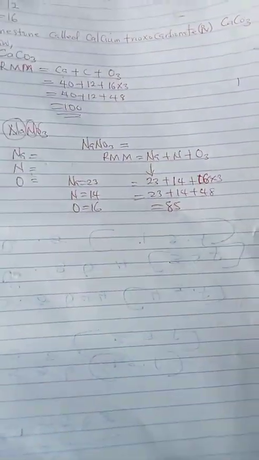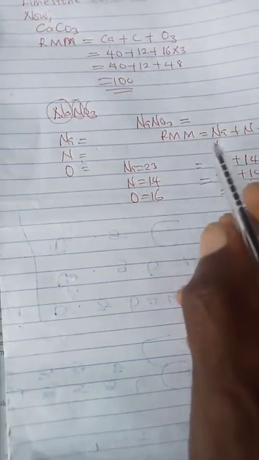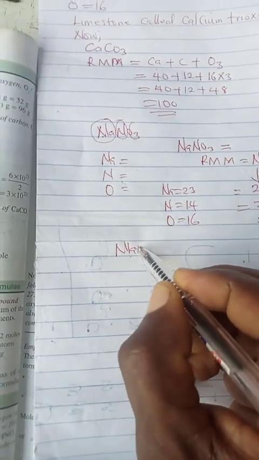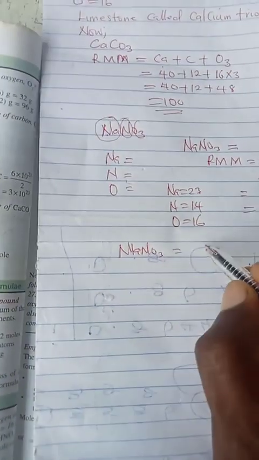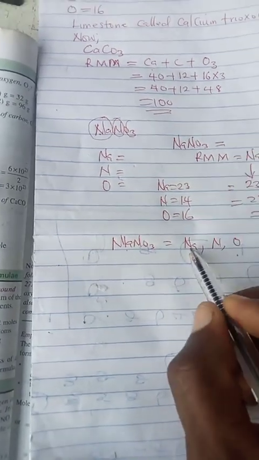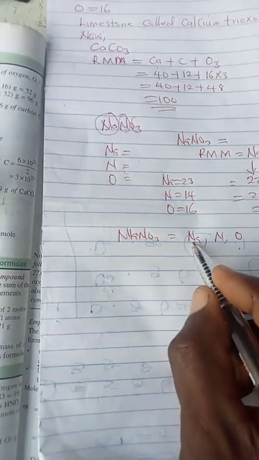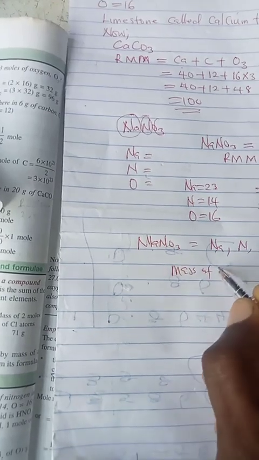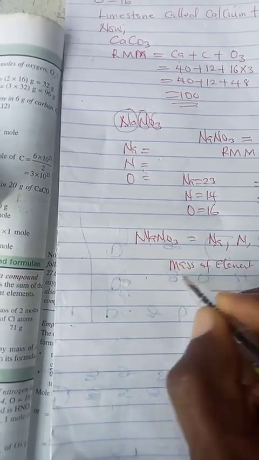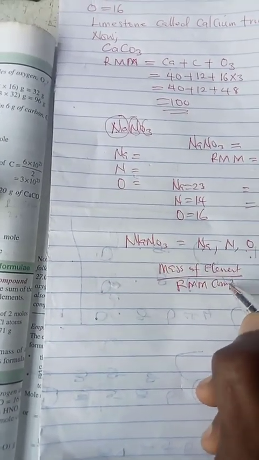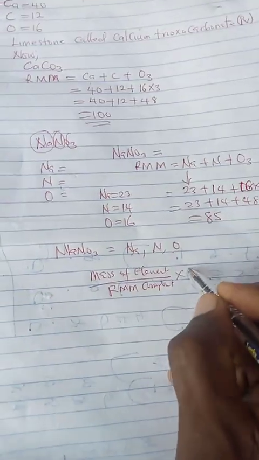So that is 85. If you watch very well, you can see that in this sodium nitrate we have the elements sodium, nitrogen, and oxygen. We should calculate the percentage by mass of each of these. The percentage by mass is the mass of the element over the relative molecular mass of the compound, times 100.